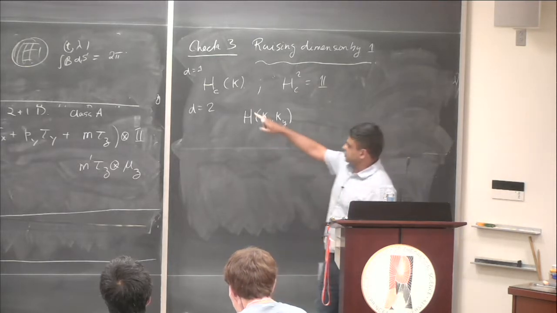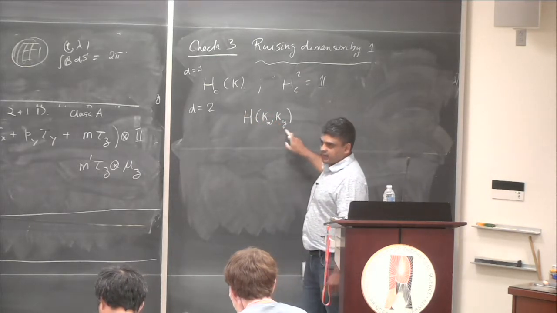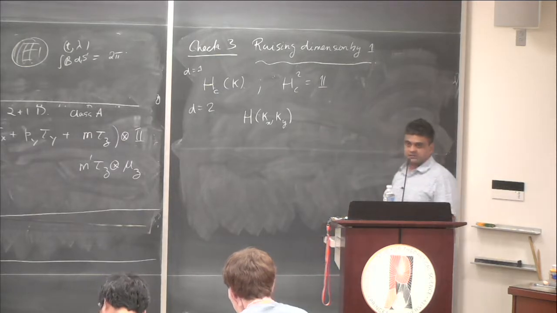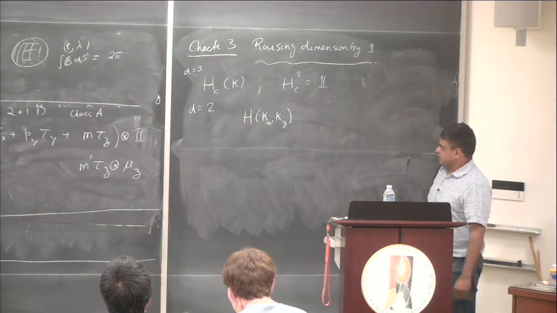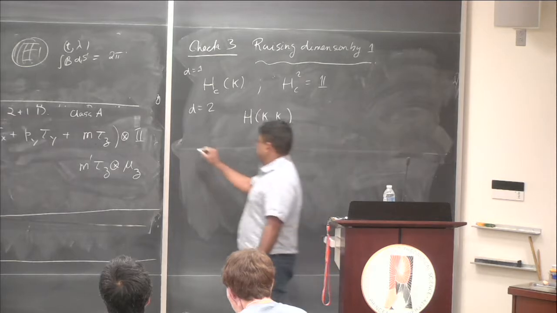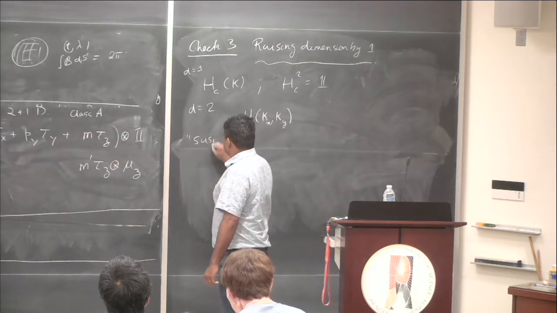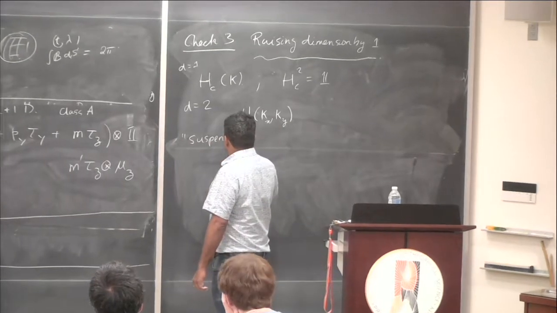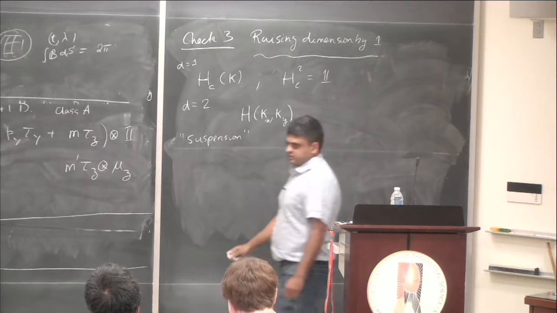So two things that are topologically distinct over there map to two things that are topologically distinct in this higher dimension. And the procedure that you use is called suspension. It's quite simple.